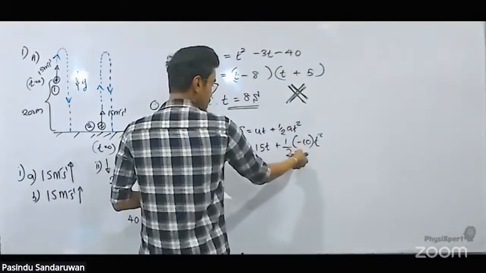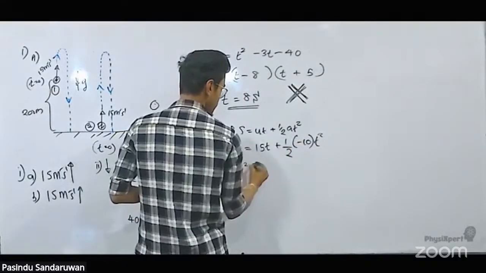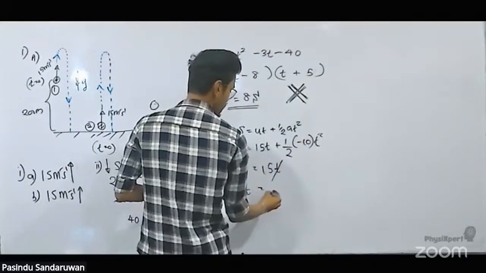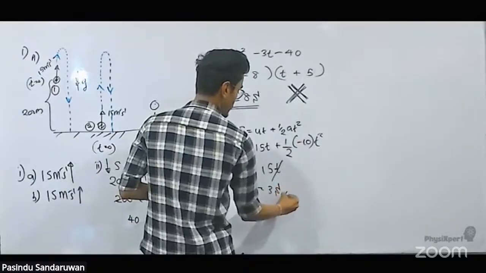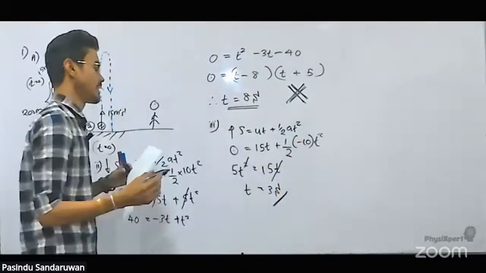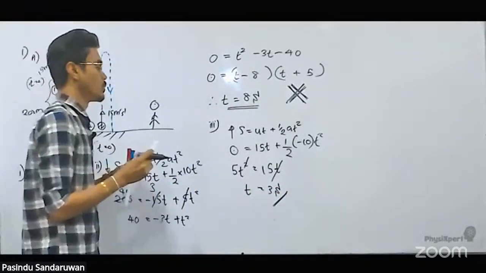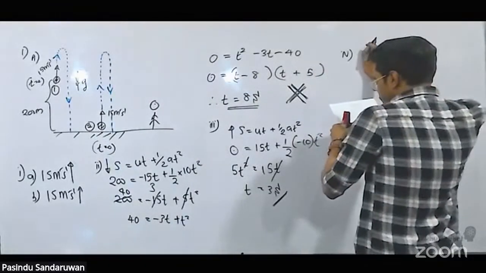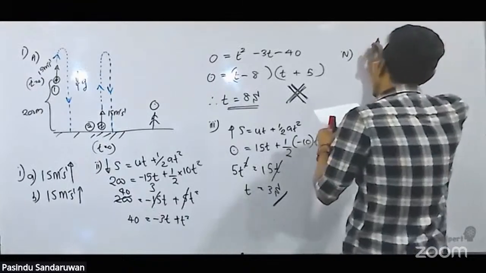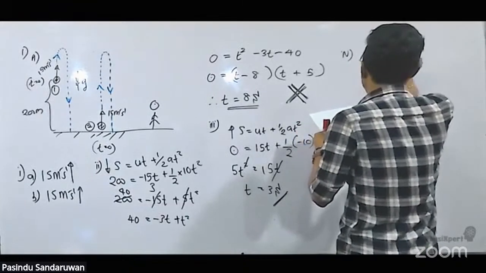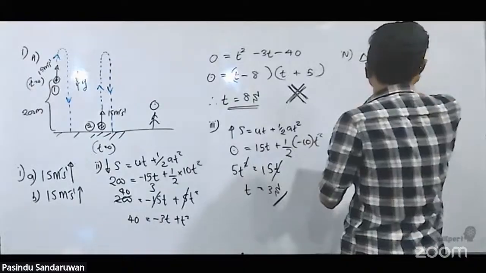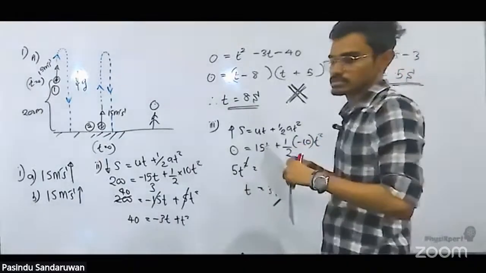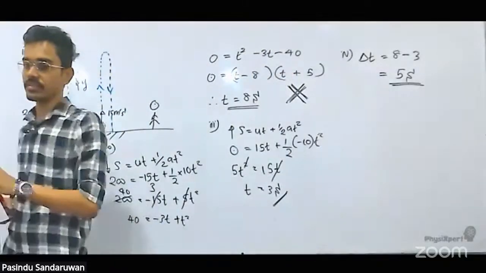This gives minus 5t squared. Take it to the other side: 5t squared equals 15t. One t cancels. Simplify: t equals 3 seconds. 4. What is the time difference between the times obtained in 2 and 3? Delta t is 8 minus 3, 5 seconds.